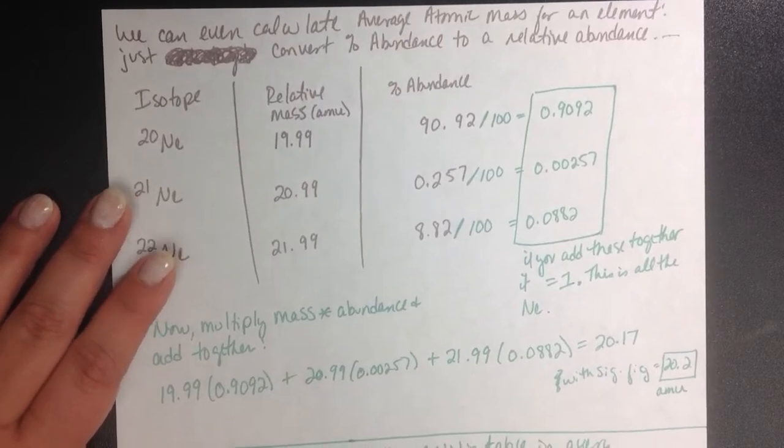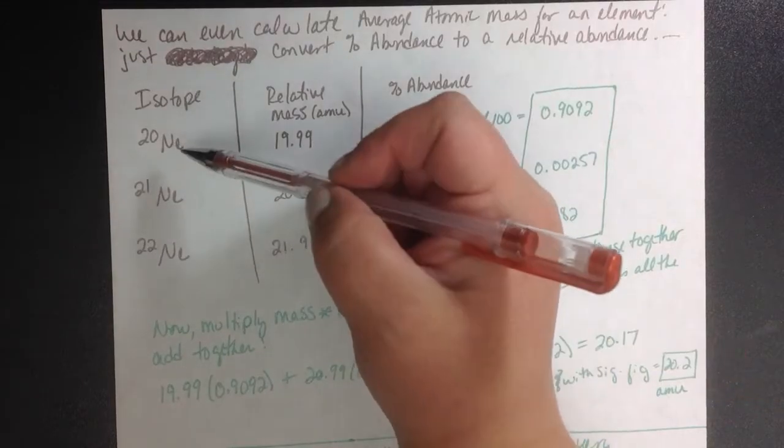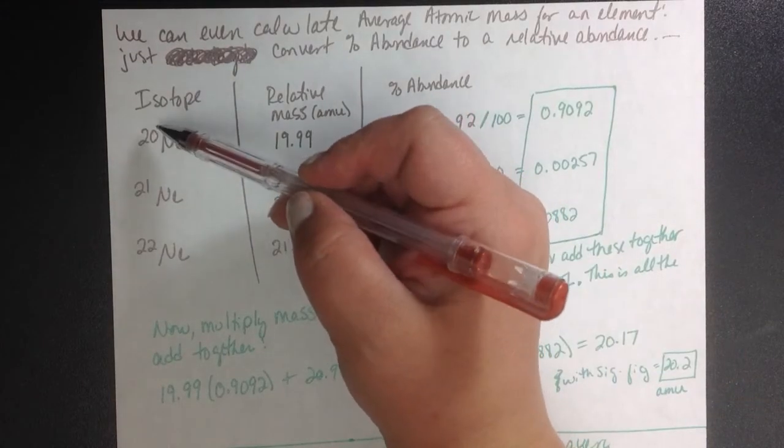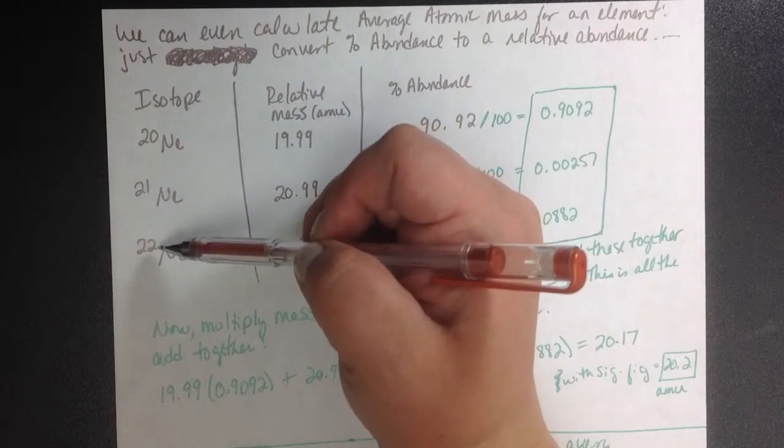So, math. The same way you can identify how many neutrons are in any given isotope of a compound. So see here, like neon, this one has a mass of 20, this one has a mass of 21, this one has a mass of 22.